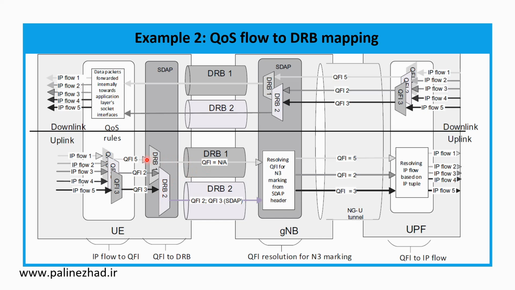Here you see again that QFI1 is sent using one DRB, same as downlink, and QFI2 and 3 are sent using DRB2 and they are multiplexed on DRB2. And here you see that the SDAP header is added on DRB2 for QFI2 and 3, but for QFI1 we don't have a SDAP header. It's not available. In case of one flow, we don't need it.